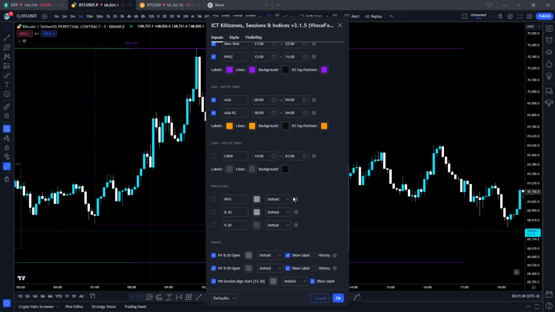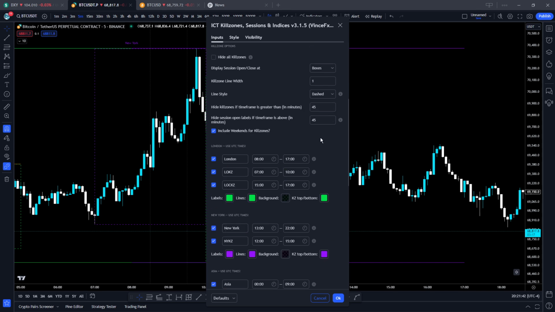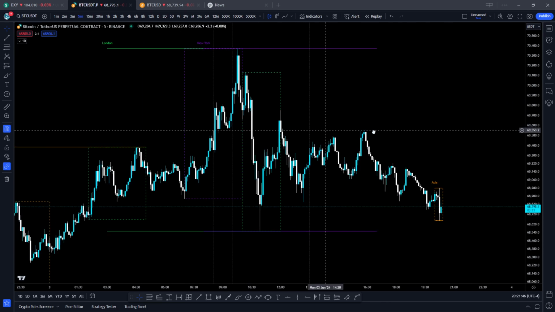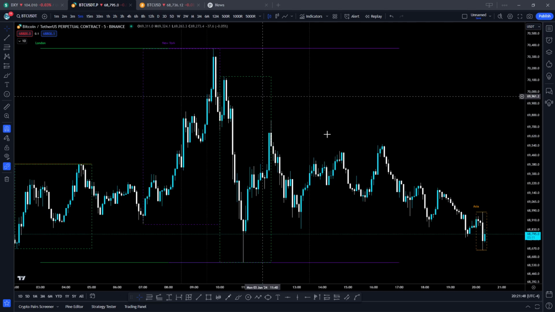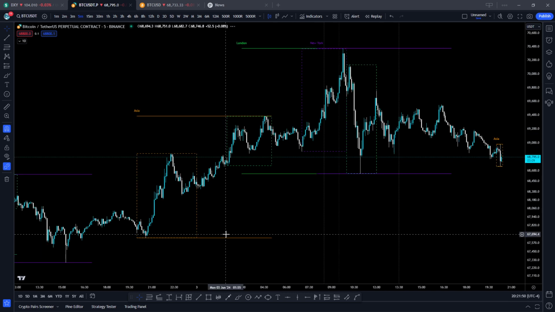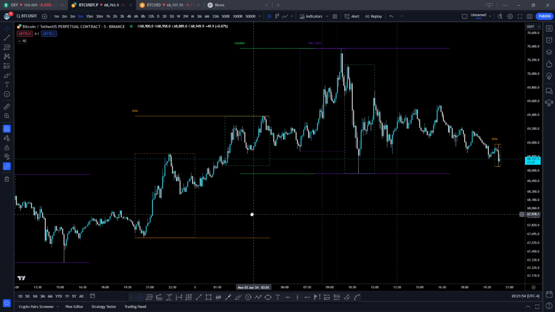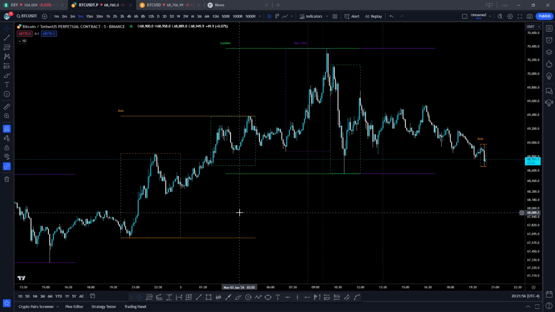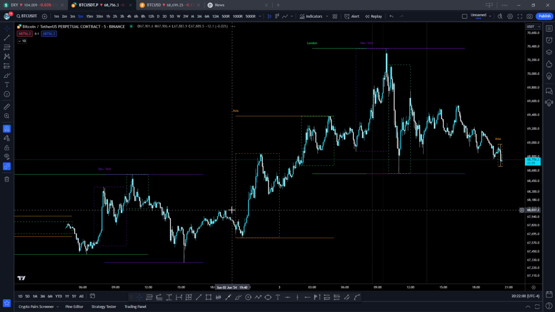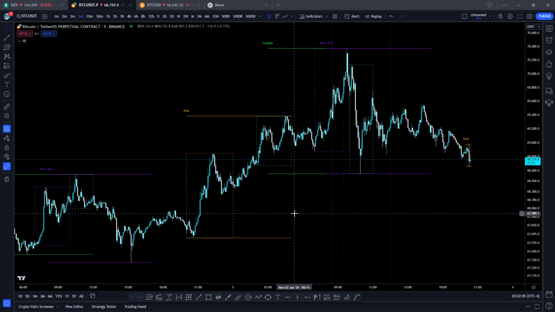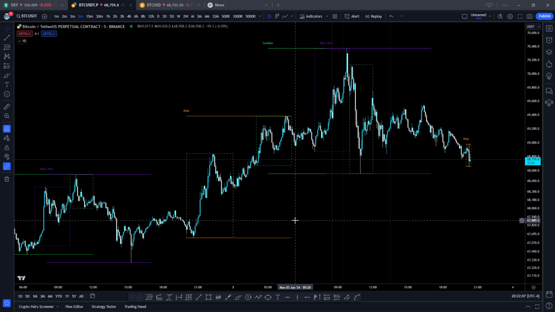So, yeah, ICT kill zone sessions and indices. One of my personal favorites. But as you can see, this isn't an EMA or a MACD or an RSI or any kind of oscillator, no volume.